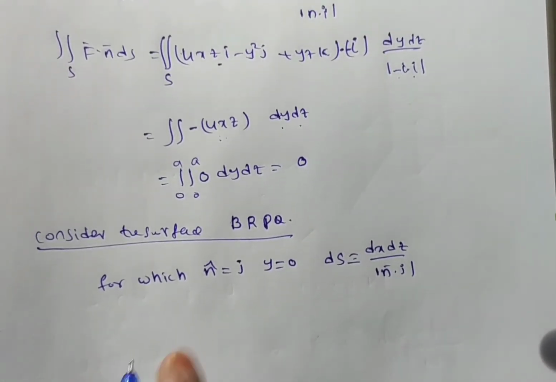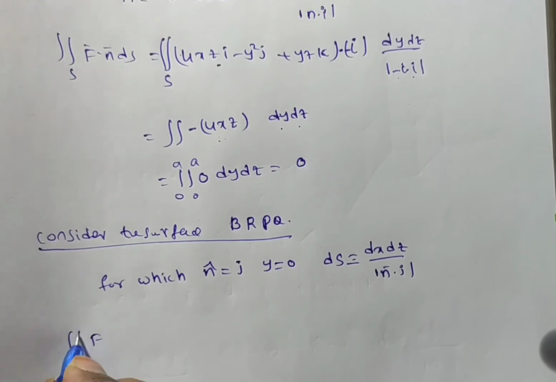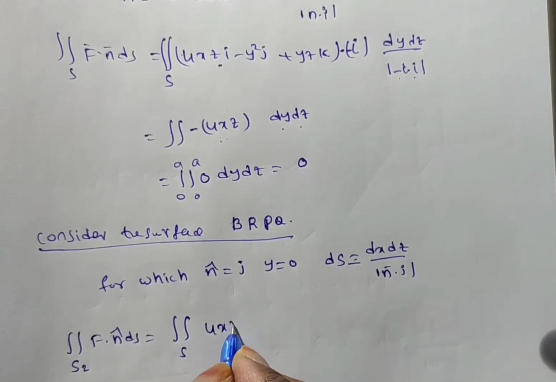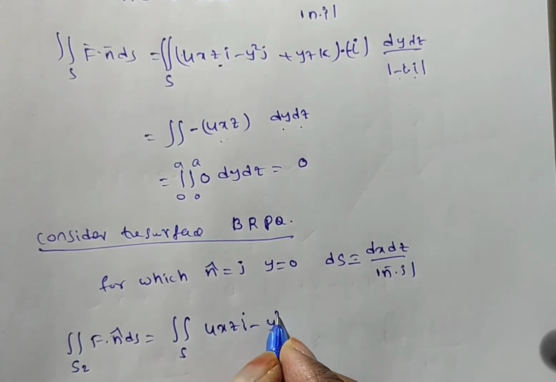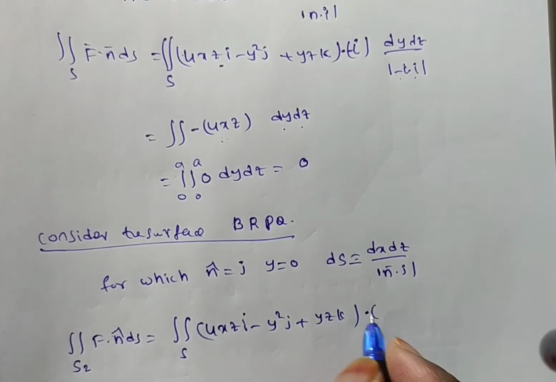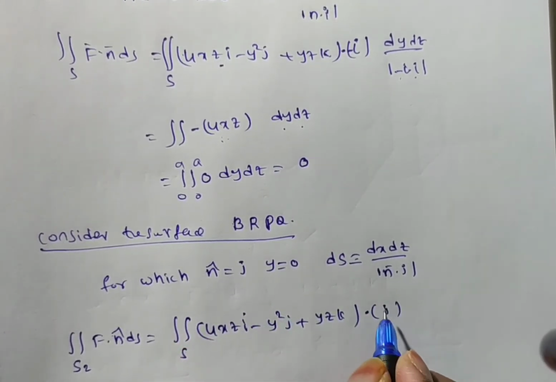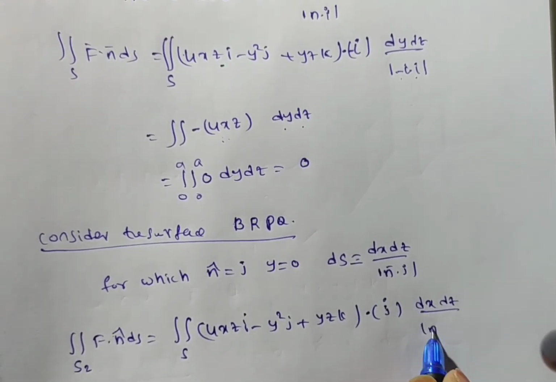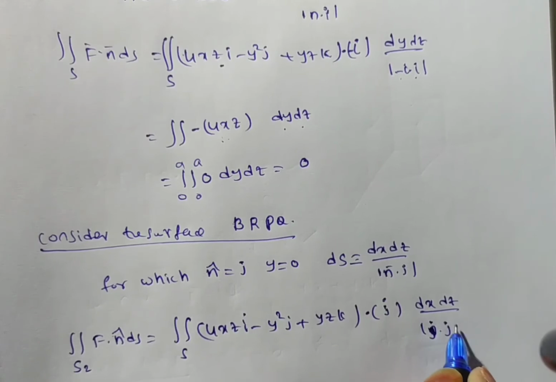Okay, now we have f bar, now we have to evaluate double integral over s of f bar dot n bar ds, that is double integral over s, we have f bar is 4xz i minus y square j plus yz k dot product of, what is the n bar here, j, into ds is nothing but dx dz by mod n bar, what is n bar here, j dot j, that's it.